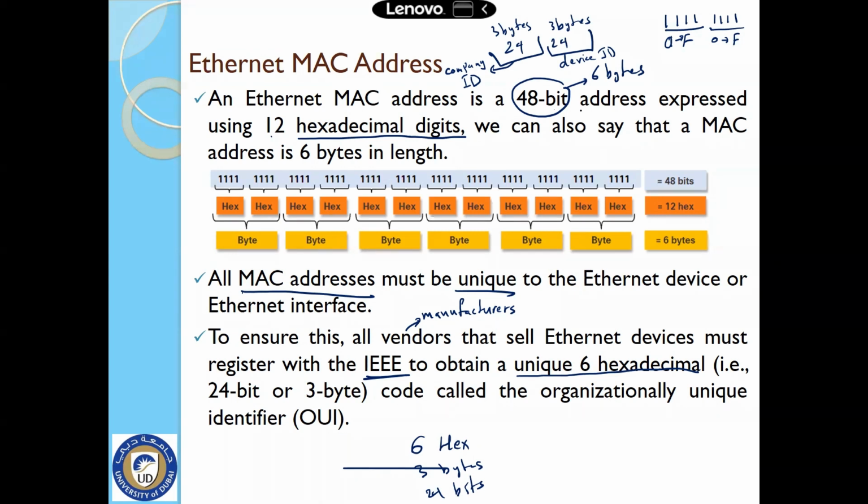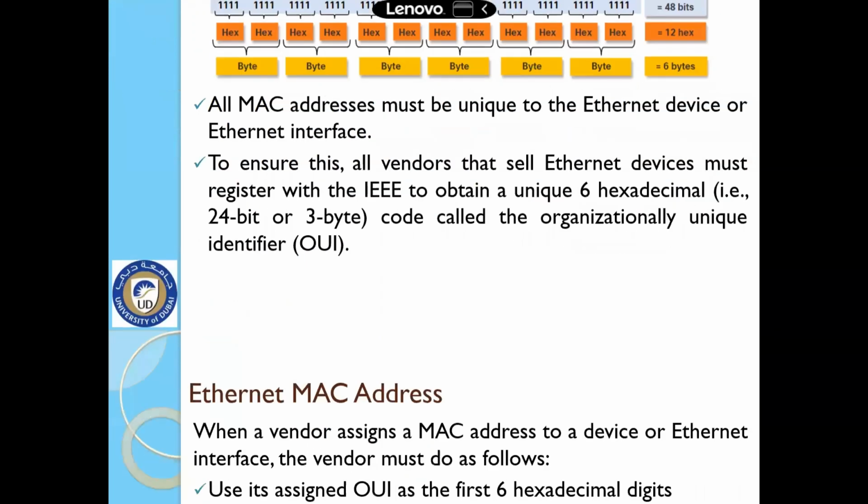So there you go. The first 24 bits, the first 3 bytes, or the first 6 hexadecimal digits are the organizationally unique identifier. They are unique for each company. Now the other bits, it's up to the company to decide their values.